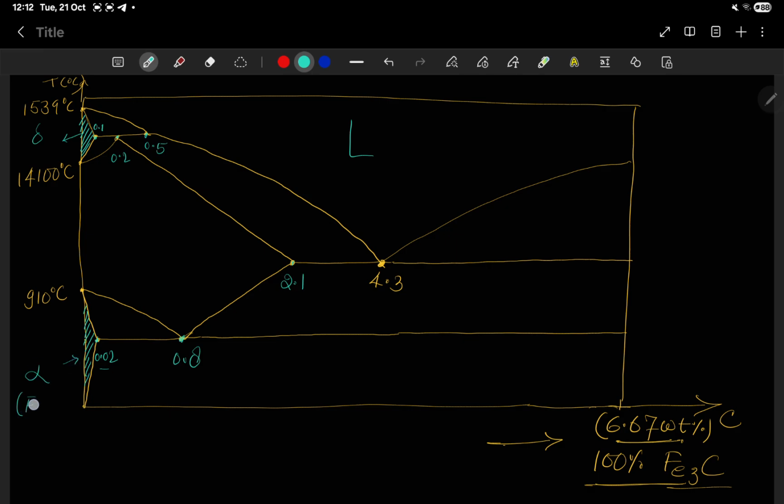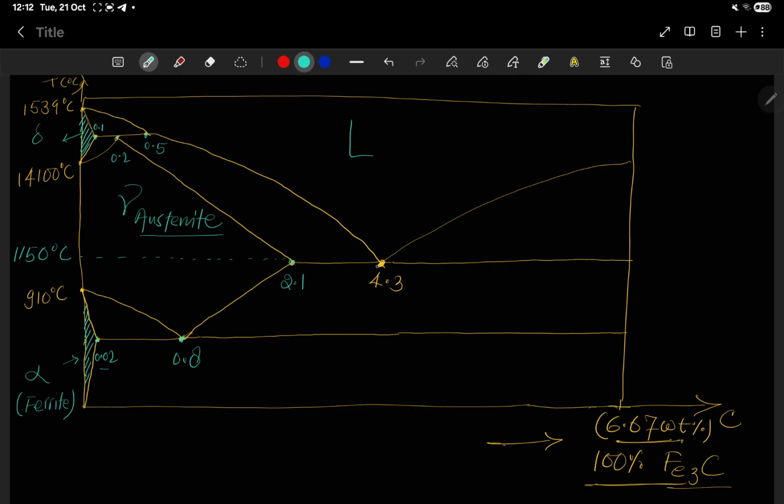This is alpha and it is called ferrite, and this region is gamma. This is called austenite.